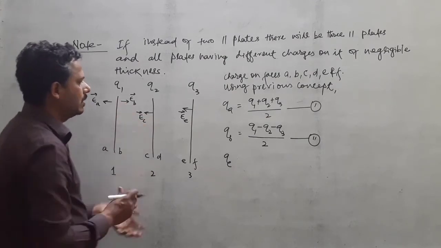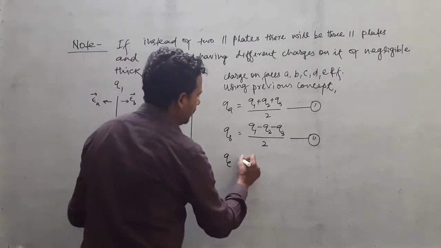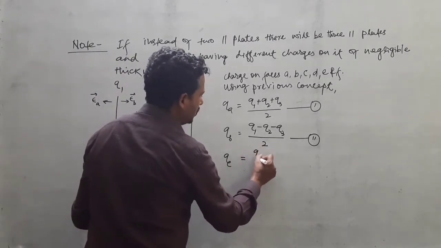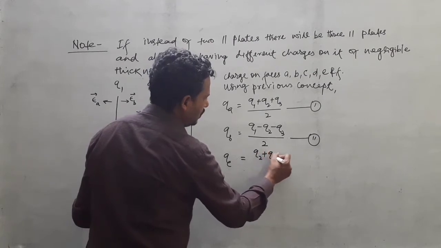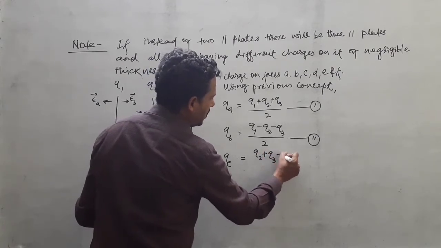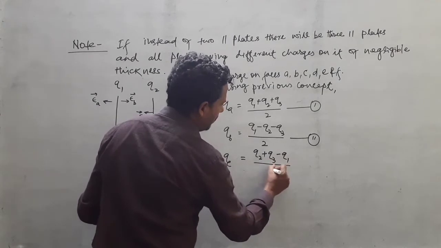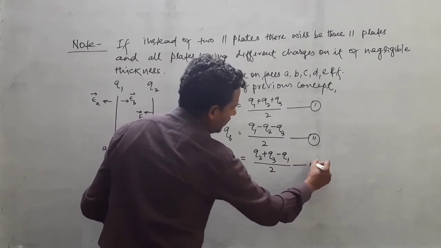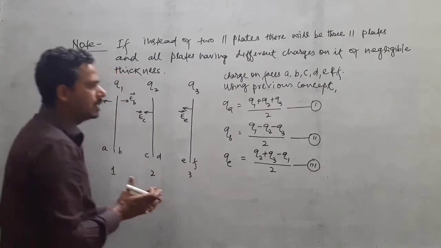So you write down QC, that will be Q2 plus Q3 minus Q1 divided by 2. Direct method, but keeping all the concepts in your mind.